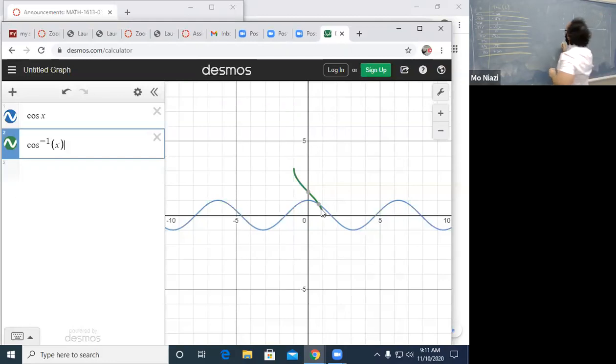Where are the asymptotes? It's when division by 0 is occurring. Division by 0 occurred where? Pi over 2, negative pi over 2. And notice at negative pi over 2, the function is headed towards negative infinity. What's yellow is the tangent of a length.